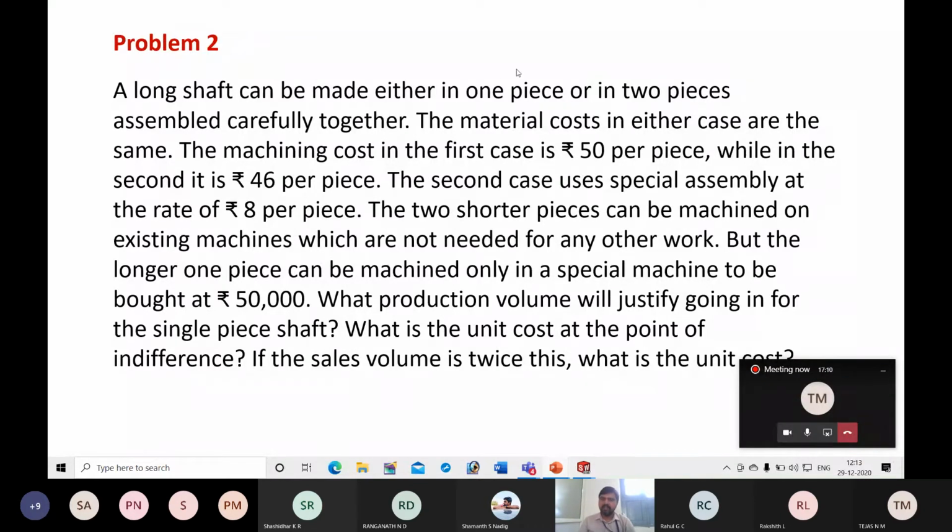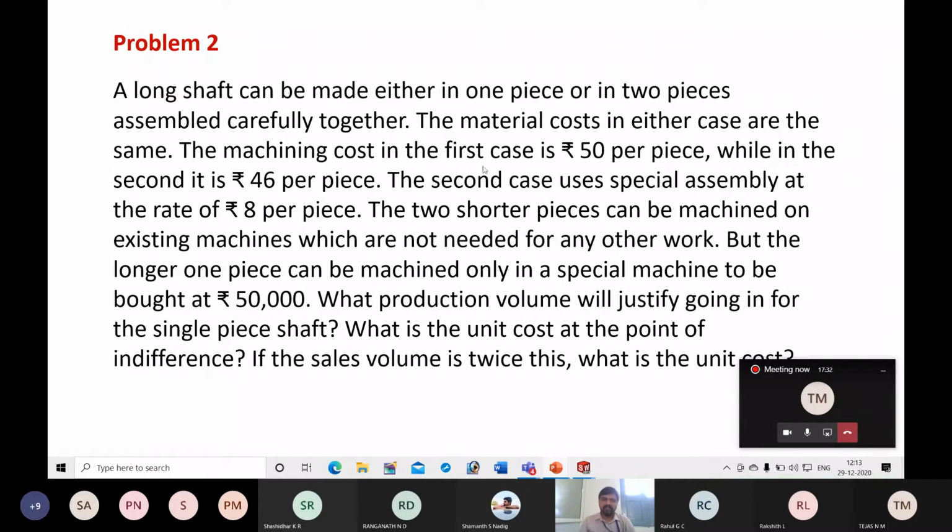One is a complete length of the shaft made by only one piece. In another case, you are making a shaft by joining two pieces, two pieces assembled carefully together. These are the two options. The material costs in either case are the same. You are using the same material and the material cost is the same.